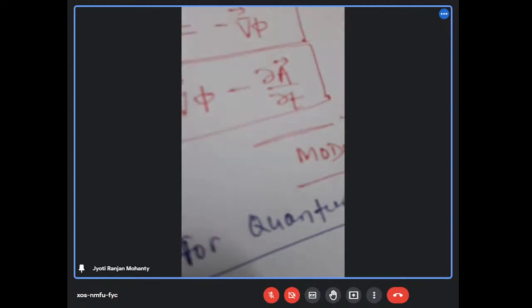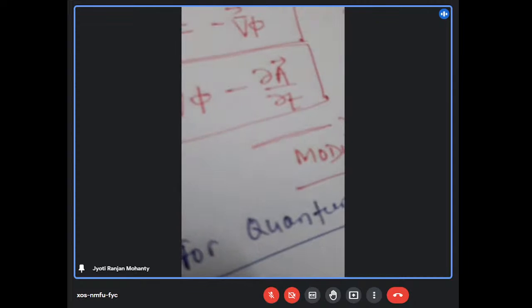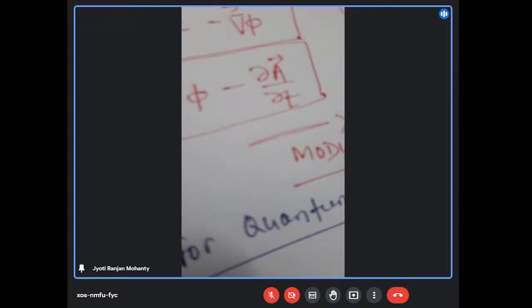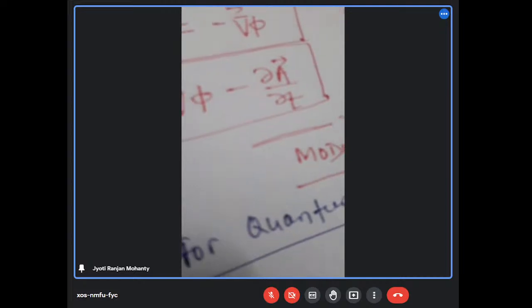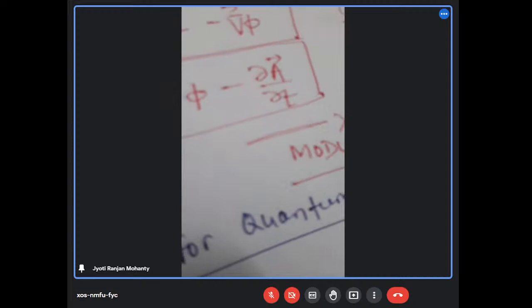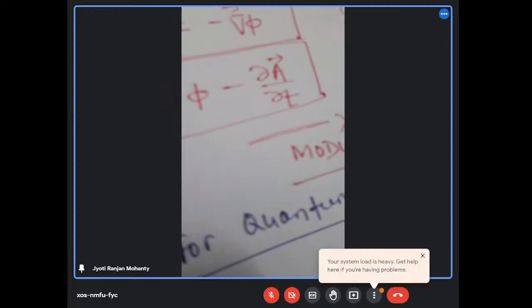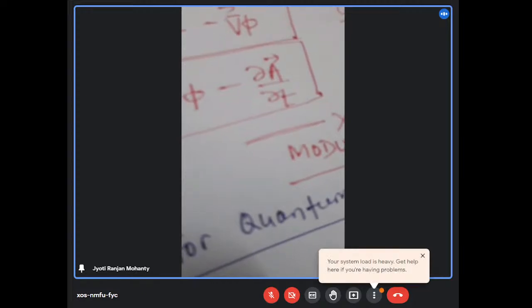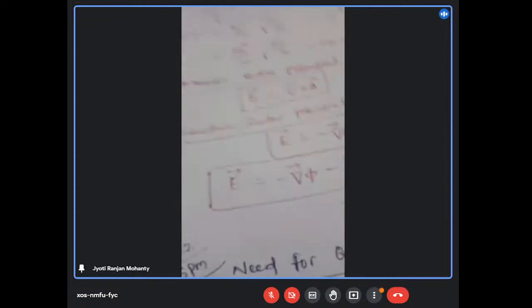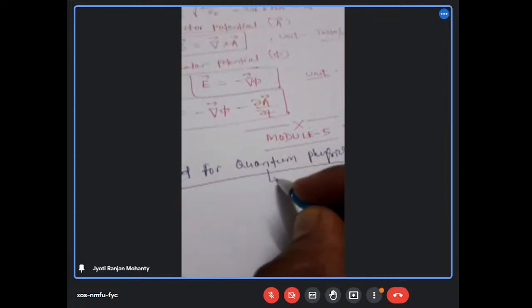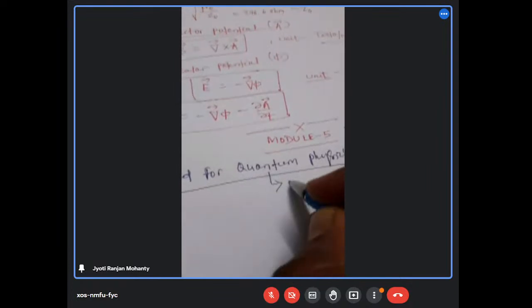This idea was later successfully applied by Einstein, who explained a different phenomenon, the photoelectric effect. We shall discuss that. So first, the quantum idea was given by whom? That is Max Planck.